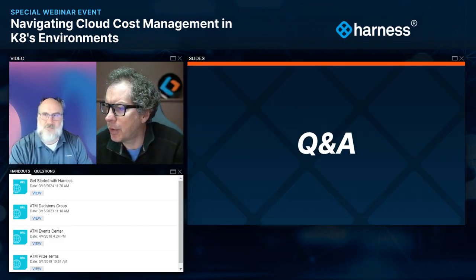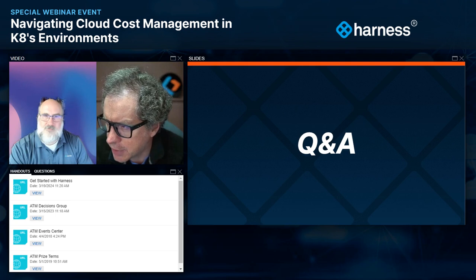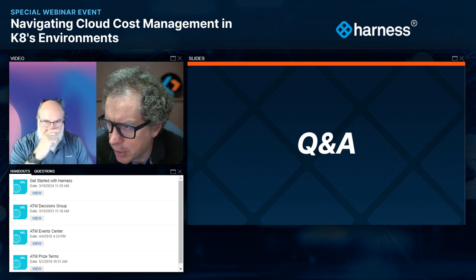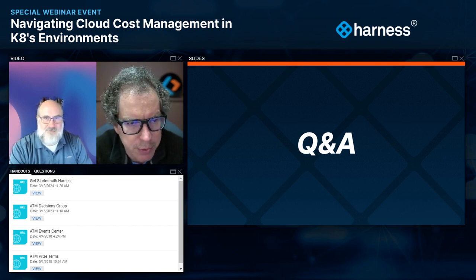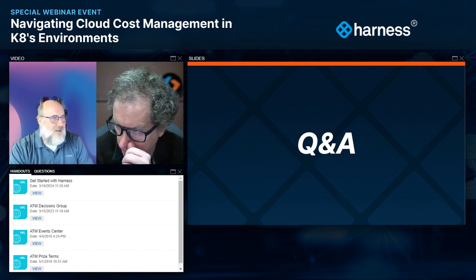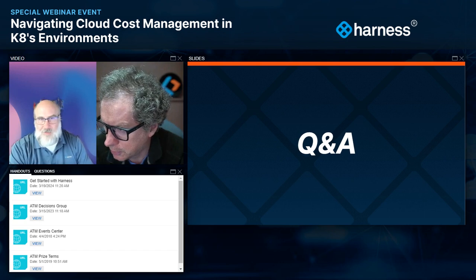Let's see. First up, we've got a question from Aiden who's asking, how do you handle cost attribution in a multi-tenant Kubernetes cluster where multiple teams or departments are sharing resources? Excellent. Great question. We'd be doing that via the cost categories that I talked about a little bit before.